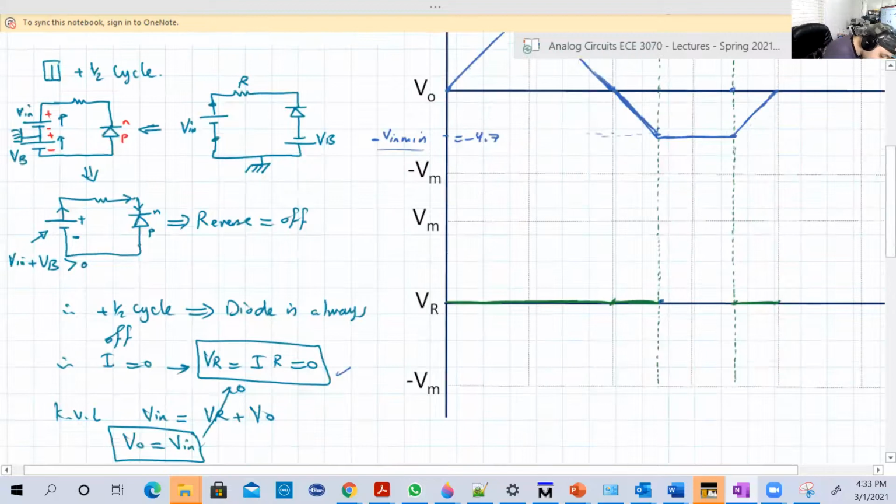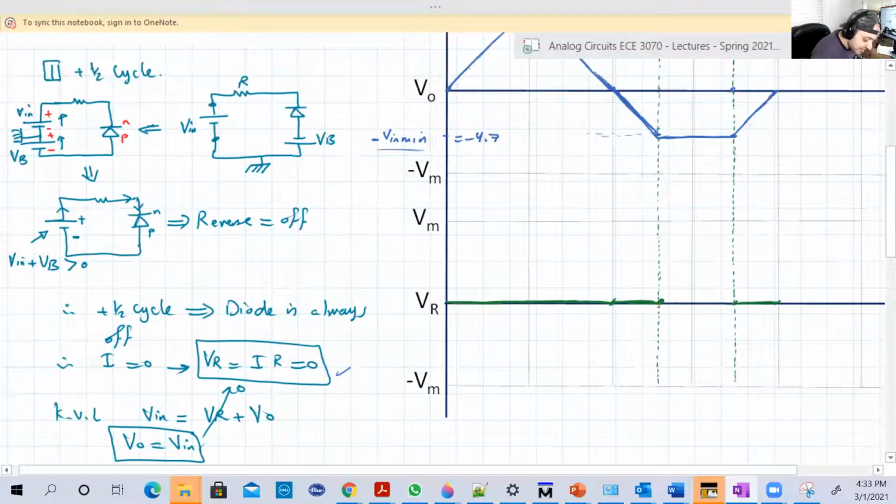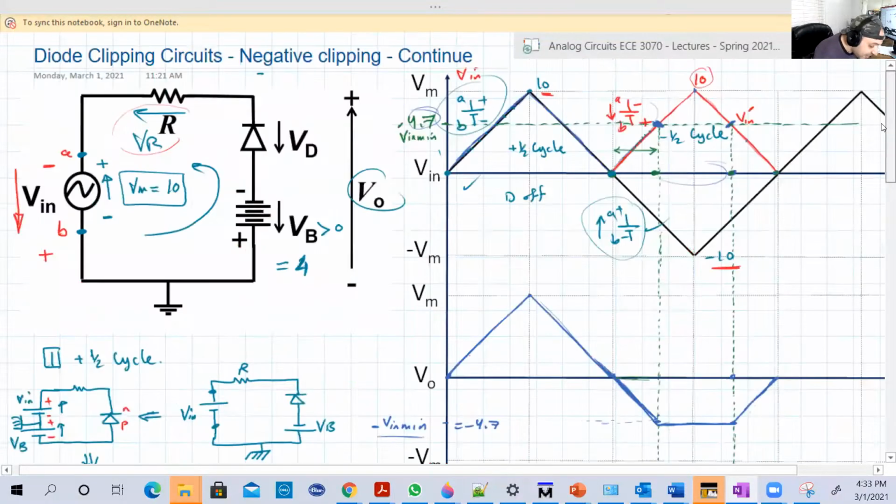So this, let's change it to green. This will be 0, which is basically the last point that we reached from this period. And in the middle, the input is 10, or V maximum. You multiply it by minus, so it will be minus 10, or minus V max.